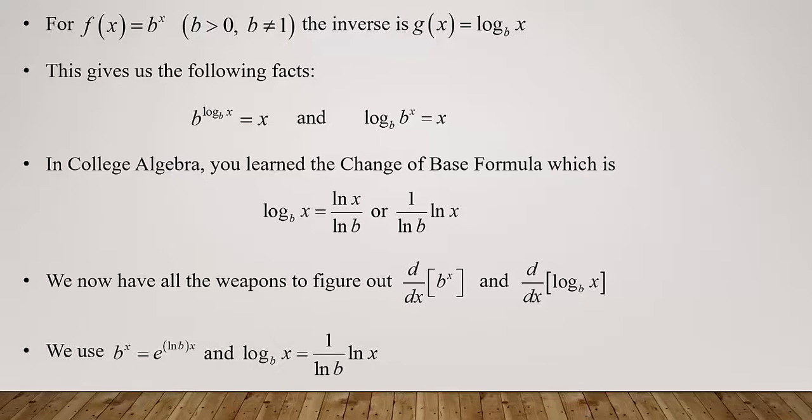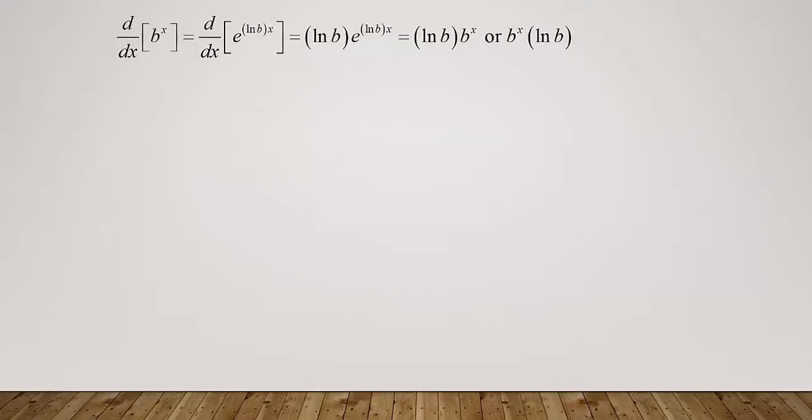Respectively, we're going to rewrite b to the x as e to the natural log b x. And log base b of x, we're going to rewrite as 1 over the natural log b times natural log x. Let me go through this step by step. When you differentiate b to the x, we rewrite it as e to the natural log b x. We know how to compute that derivative. It's e to the natural log b x times, remember the chain rule, the derivative of the exponent.